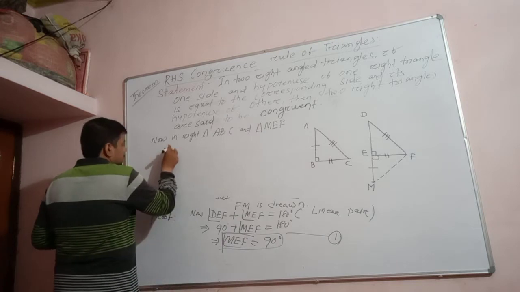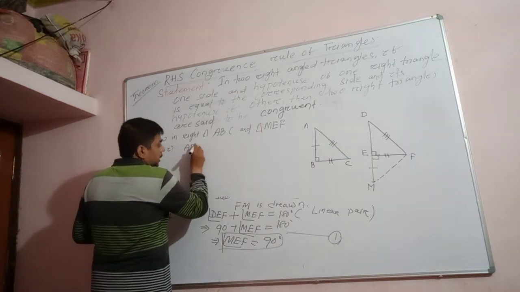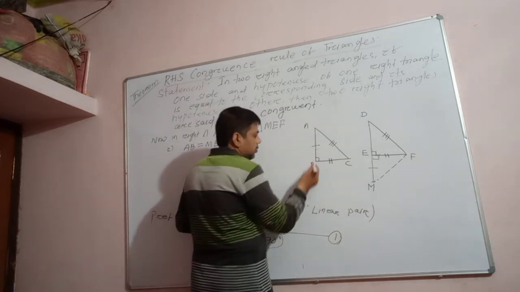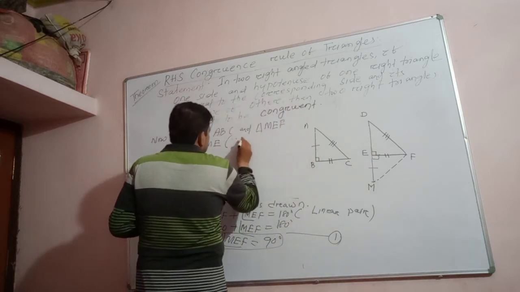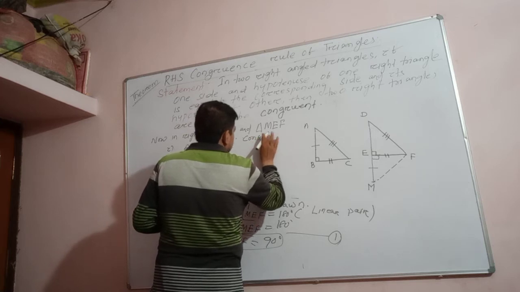In these triangles, AB is equal to ME. Why? What is the reason? Constructed. We have already done the construction.